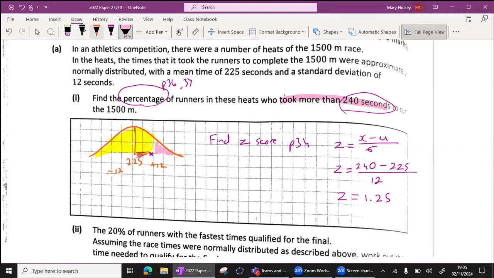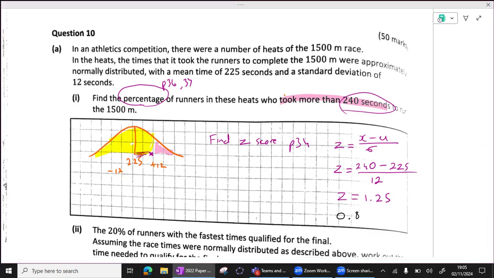So let's go to page 36, 37 and find the z-score of 1.25. If you found it yourself, you'll notice it corresponds to 0.8944. This is a probability, or you can also think of it as a percentage. It's one and the same.